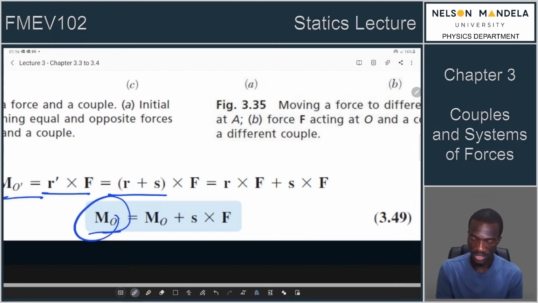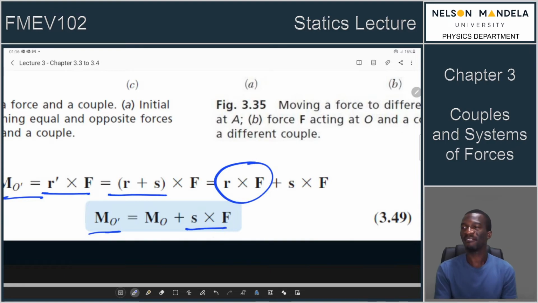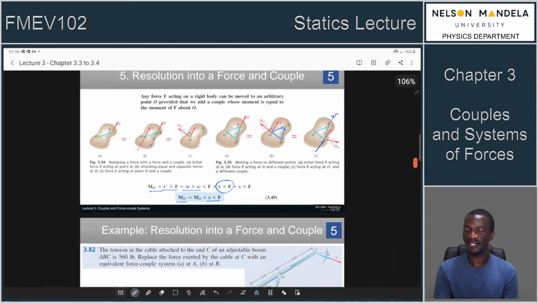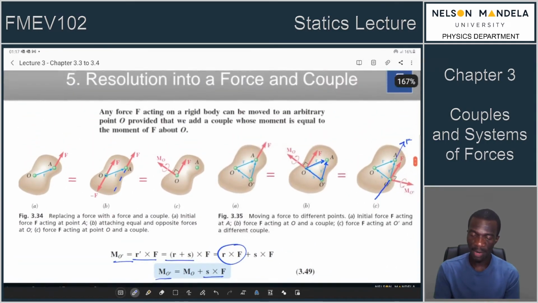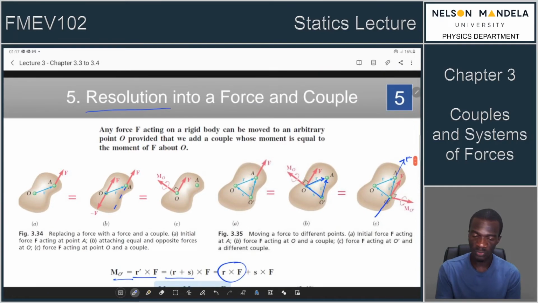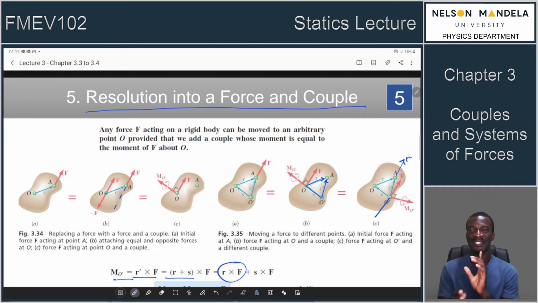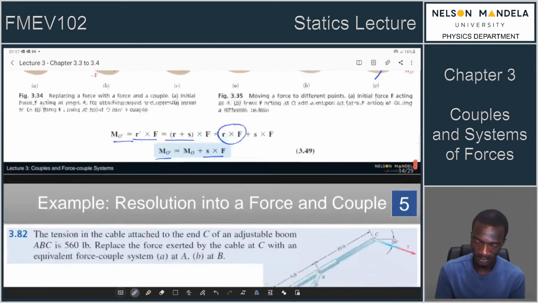So in the end, your moment about O prime is simply equal to the moment about O, which we found earlier, plus S cross F. So this is a derivation that just shows how you can resolve a force into a force and a couple. And this is just for one, so it's an ideal case.